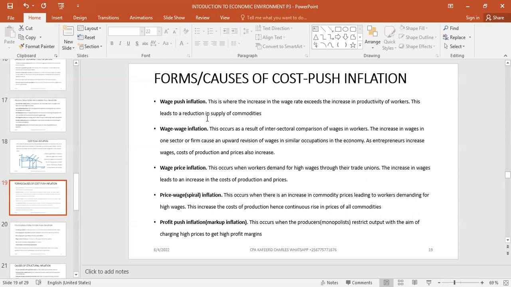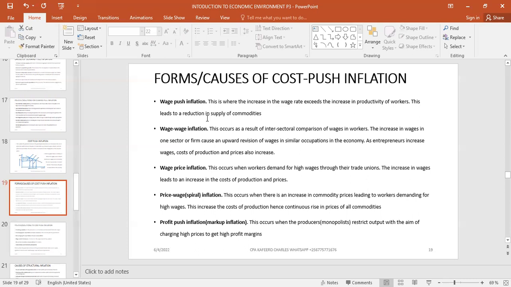And that higher pay will come as a result of the comparison that was made between the people who are in the same sectors. So we said this occurs as a result of intersectional comparison of wages of workers.